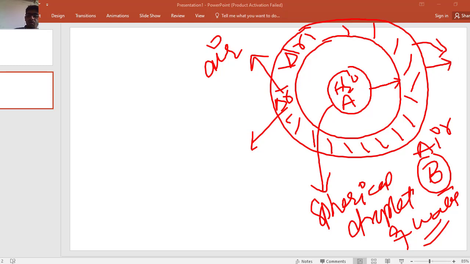When the water evaporates, it comes to the stationary surface, enters into the stationary air, and then comes out from the stationary surface. There is no generation of water molecules inside the stationary layer.